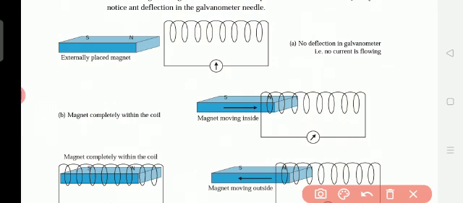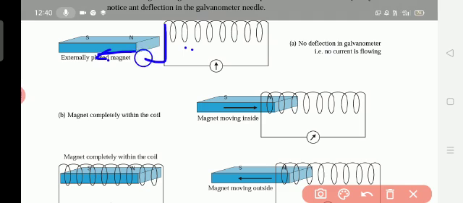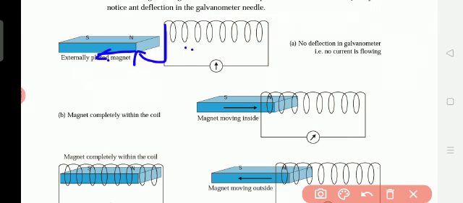For example, now this bar magnet is outside, not inside the coil. No connection is given to this. If the needle is straight, current is not flowing. If the needle starts to deflect, changing its direction, it means current is flowing.